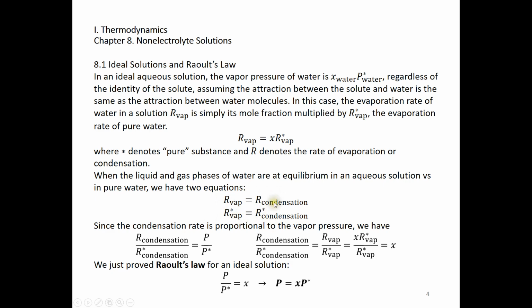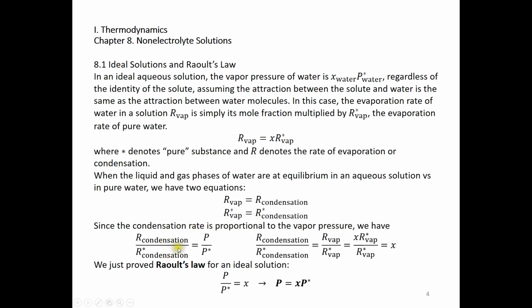The difference between these two equations is the top equation is for an ideal aqueous solution, the bottom equation is for pure water. Because the condensation rate is proportional to the vapor pressure, we can understand if we have a higher vapor pressure, we have faster condensation rate. When we have lower vapor pressure, we have lower condensation rate.